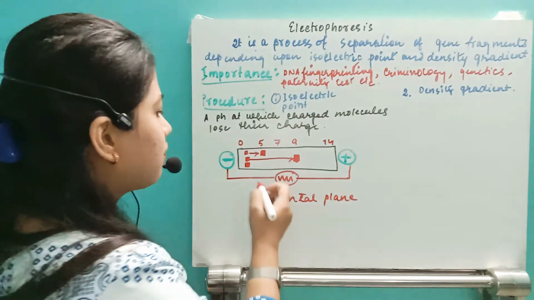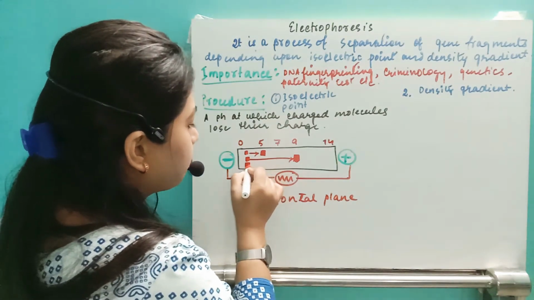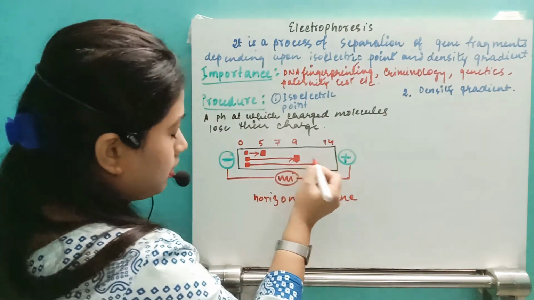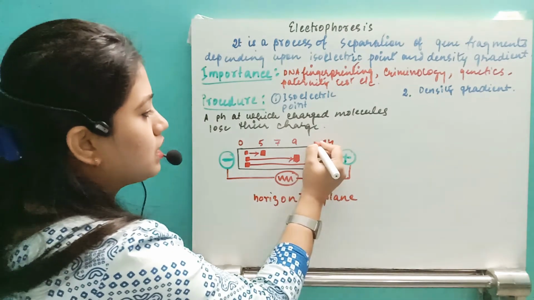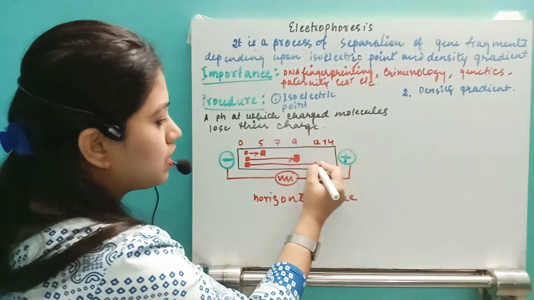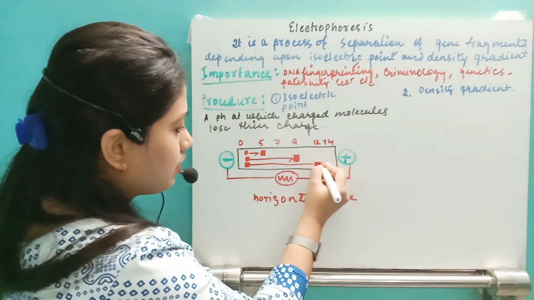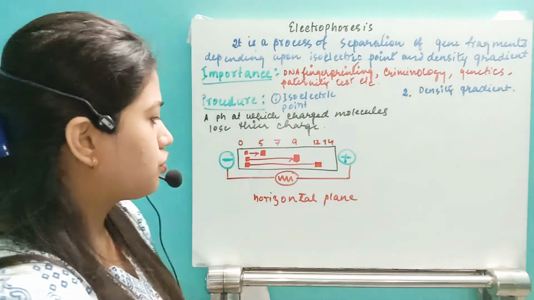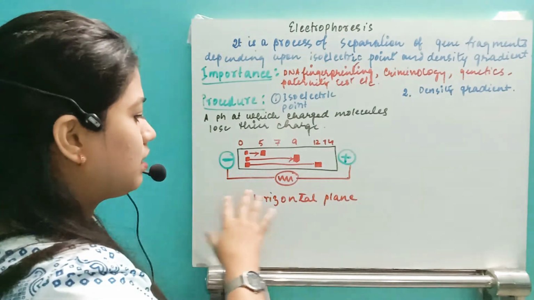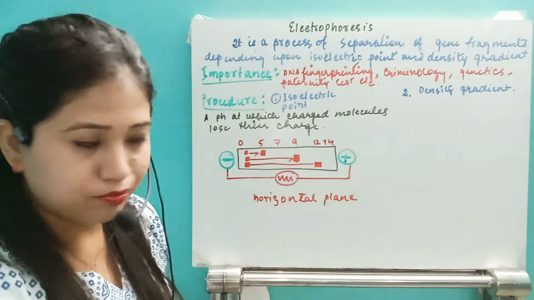Next, this DNA fragment is moving in this electric field, and at pH 12, suppose, it gets focused. This is the isoelectric point.